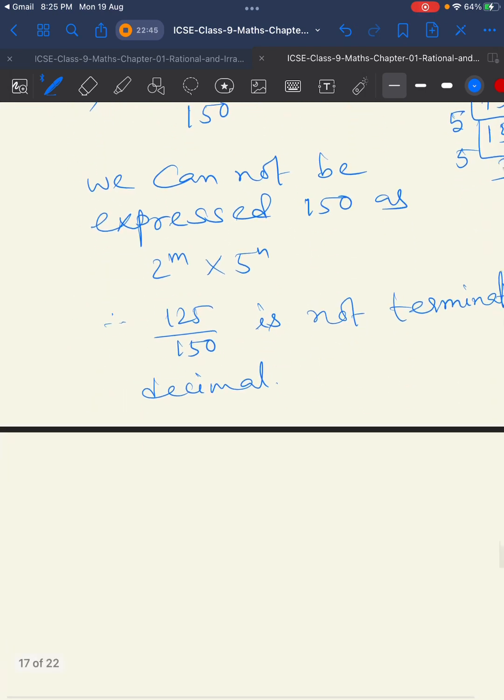Okay, now question number 7. Represent as a decimal number.